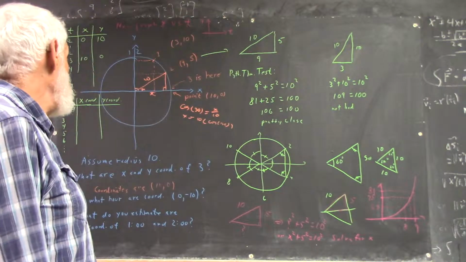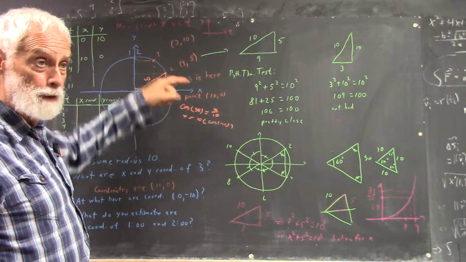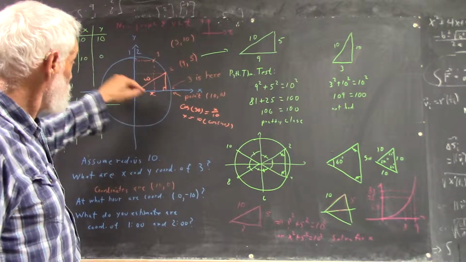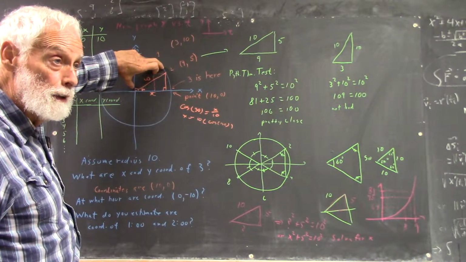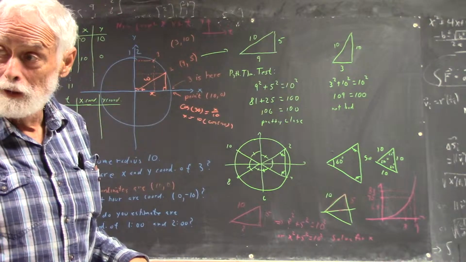Okay, the 9-5 point, let's test that to see if it makes sense, okay? Now we know this circle has radius 10, so this distance has to be 10, and that's the hypotenuse of the right triangle that got drawn here, right?